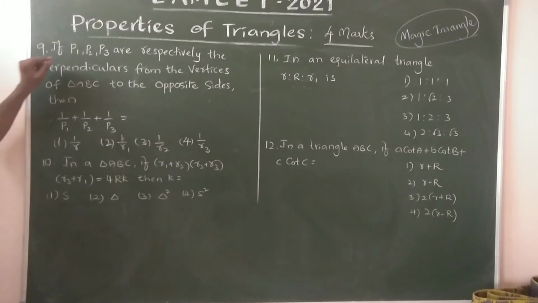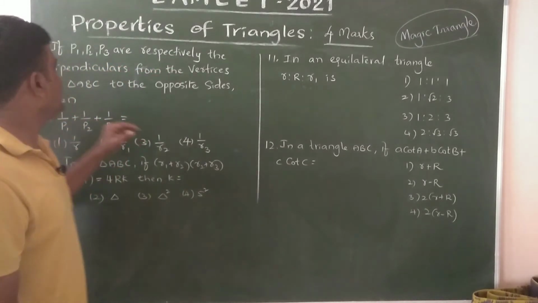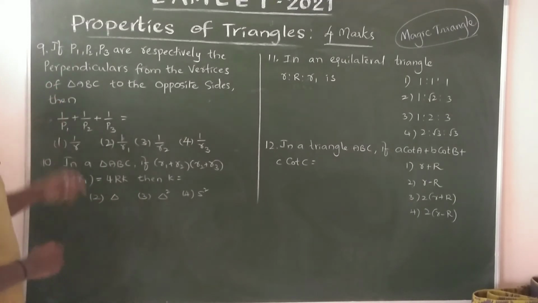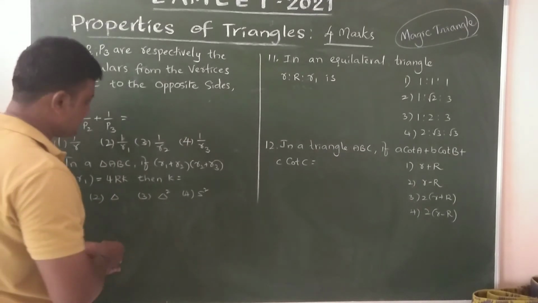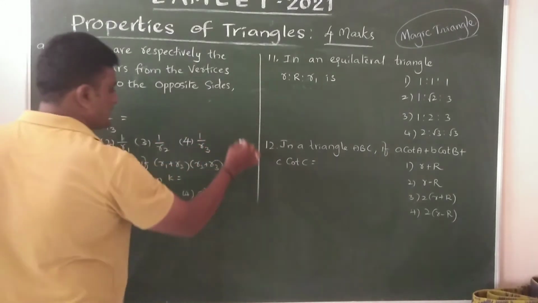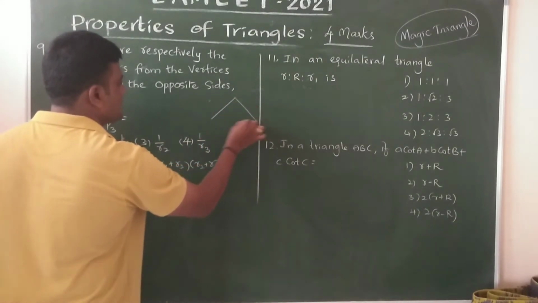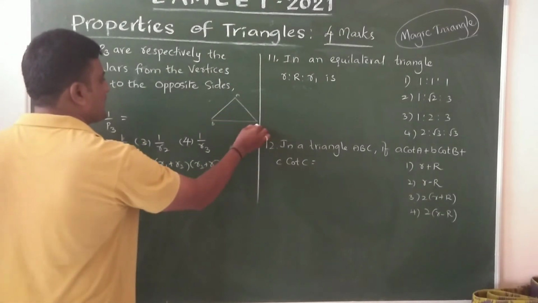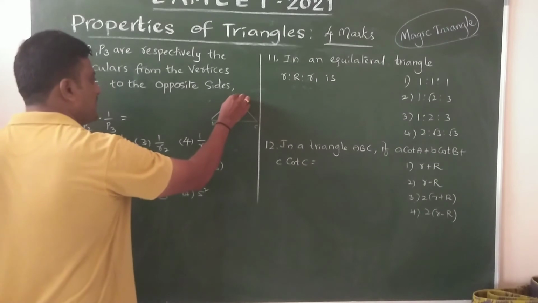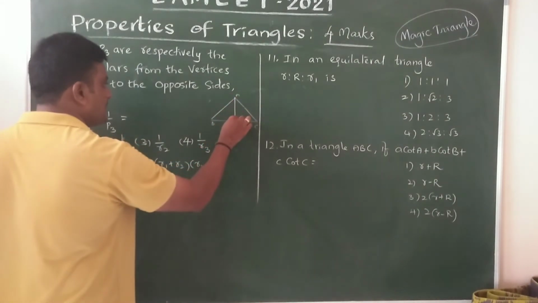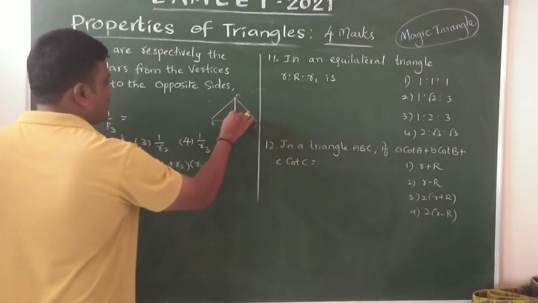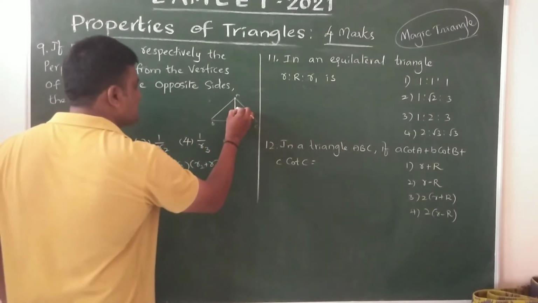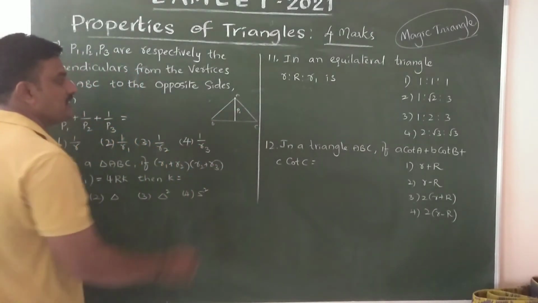Here P1, P2, P3 are respectively the perpendiculars from the vertices of triangle ABC to the opposite sides. Suppose the triangle is like this. Always we can apply the magic triangle. From A to the opposite side, it is one perpendicular, say P1.